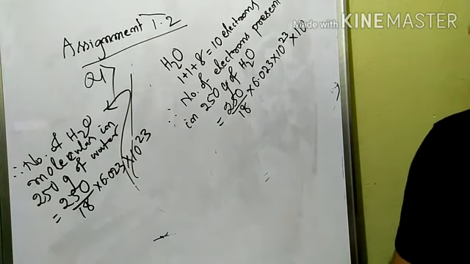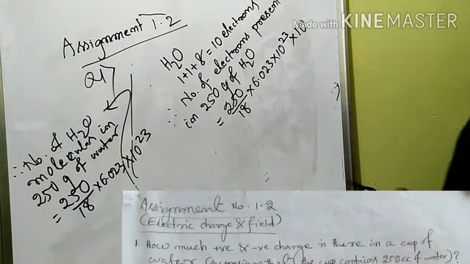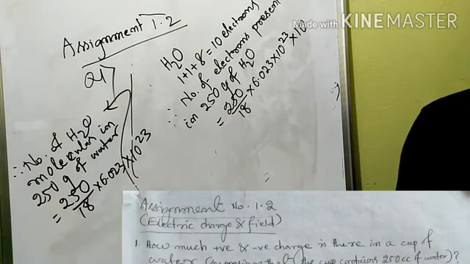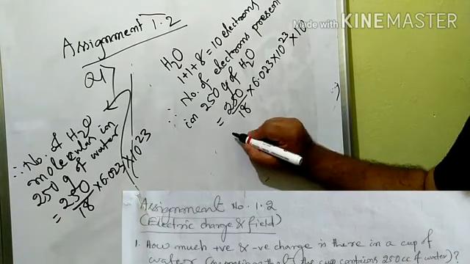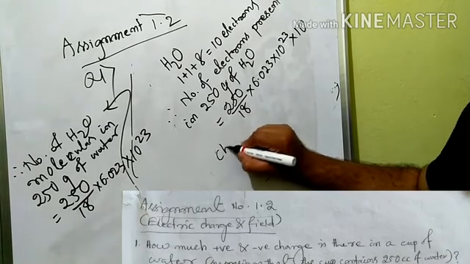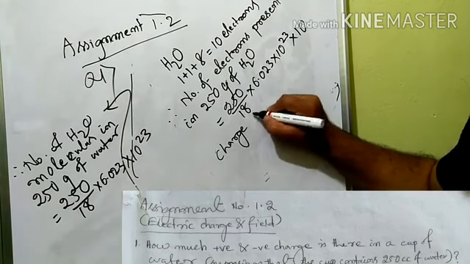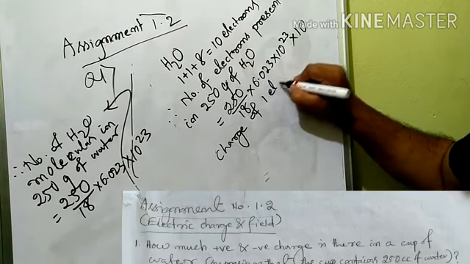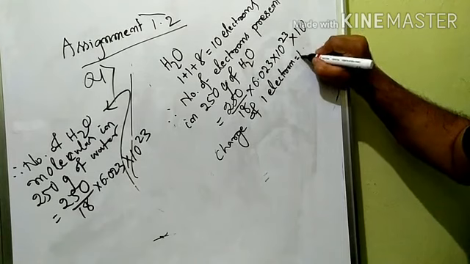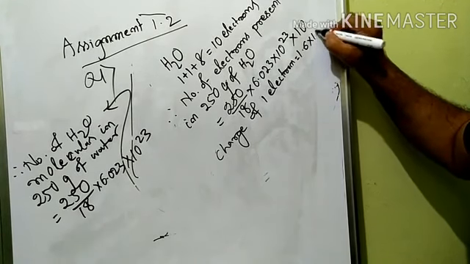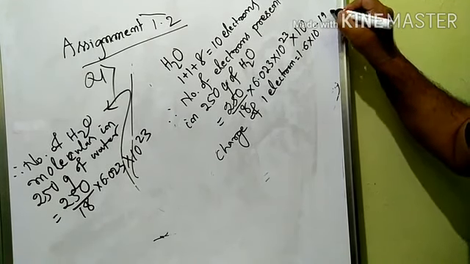Now, one electron carries a charge of 1.6 into 10 to the power minus 19 Coulomb. Charge of one electron is equal to 1.6 into 10 to the power minus 19 Coulomb.